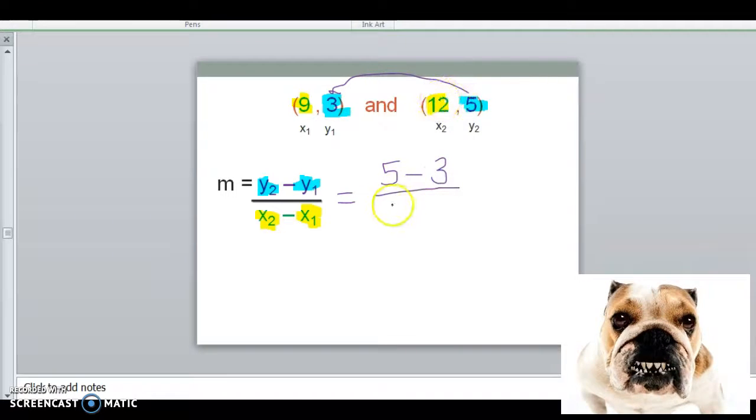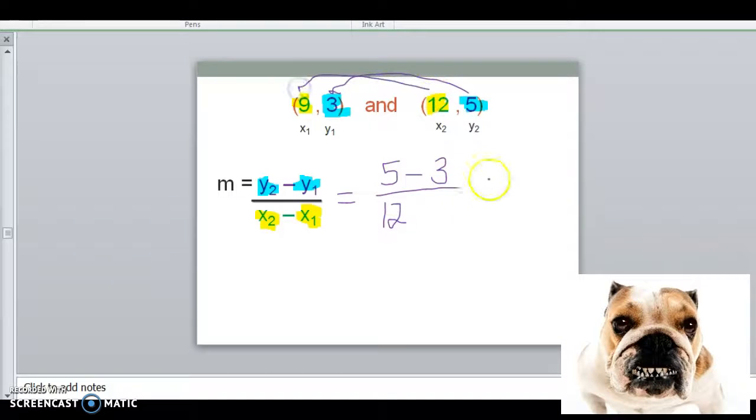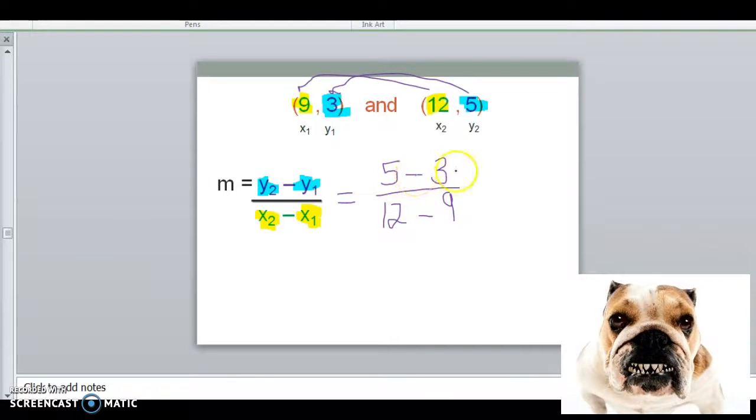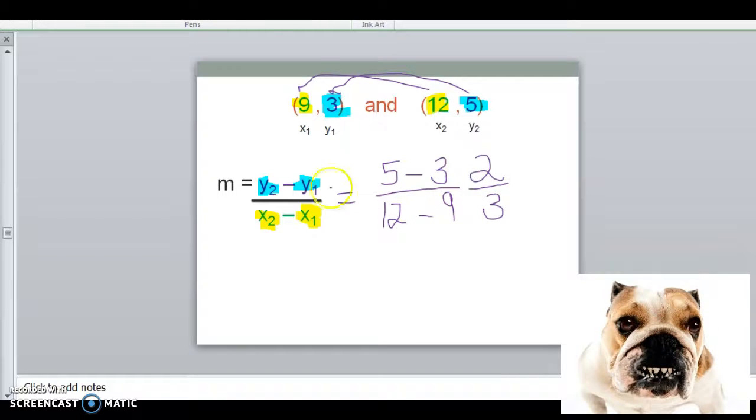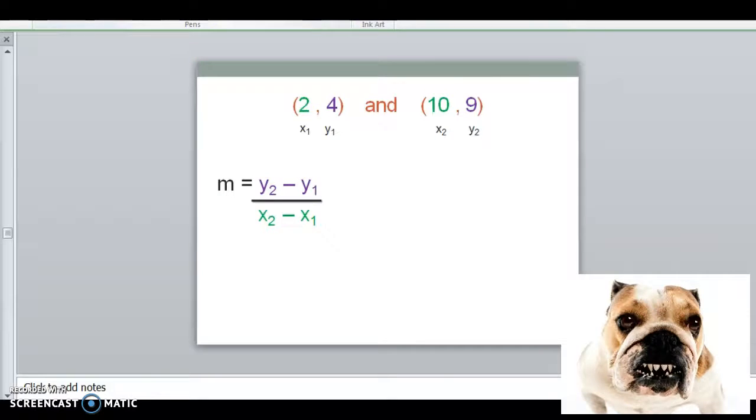Then I'm going to take 12, which is my x2, and subtract 9 from 12, which is my x1. 5 minus 3 is 2. 12 minus 9 is 3. So the slope of this line is 2 over 3. Let's look at another example.